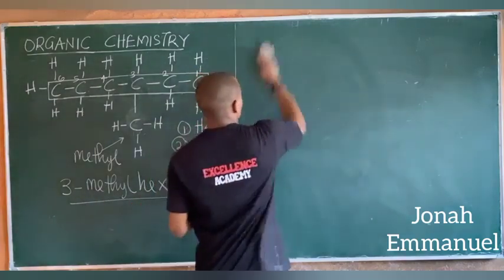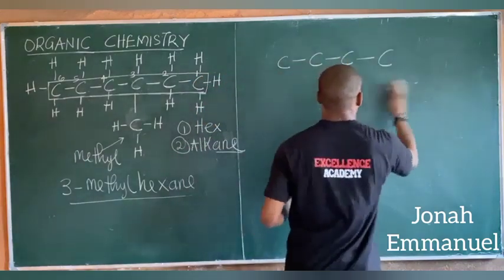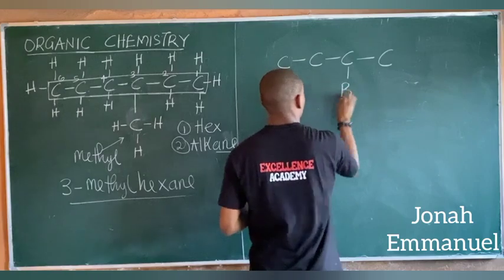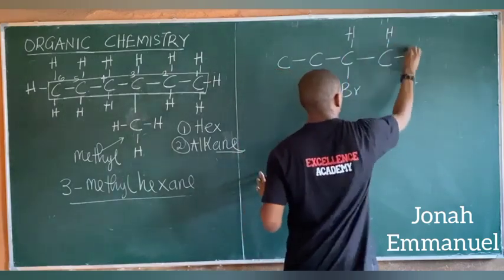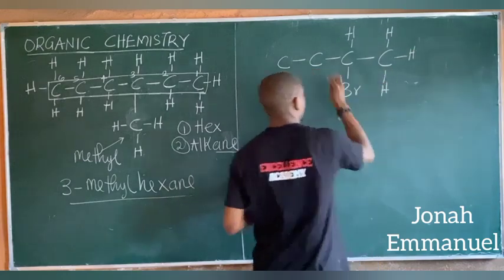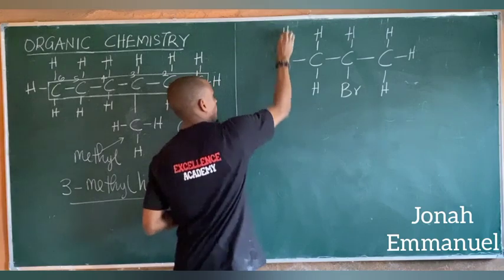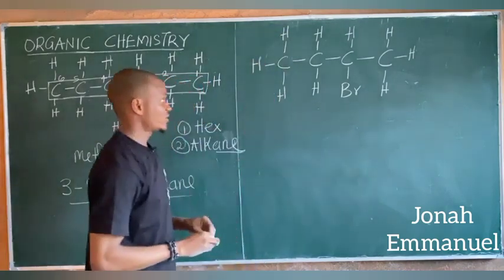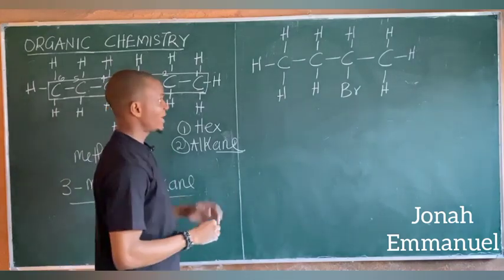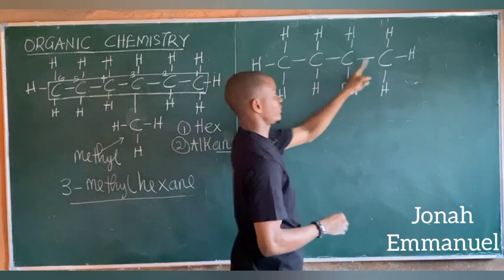Alright, so let's say I have this one here. So I'll take my longest continuous carbon chain. That becomes 1, 2, 3, 4.